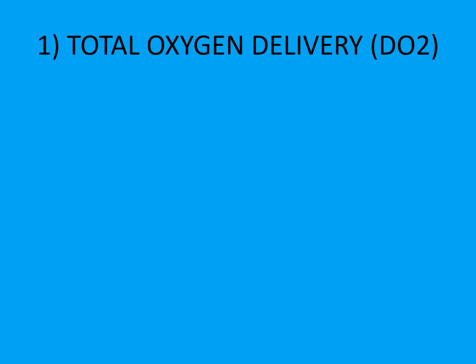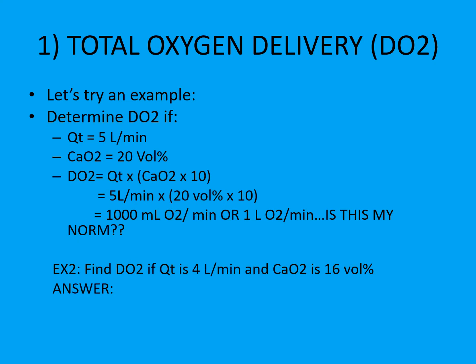So when we're looking at DO2, this is us doing the math part. The previous screen was us looking at the concept and what can affect it. So let's just do the math. If I have a cardiac output that's perfect, let's say it's 5 liters a minute for an adult, and I have a perfect CaO2, let's do this together.